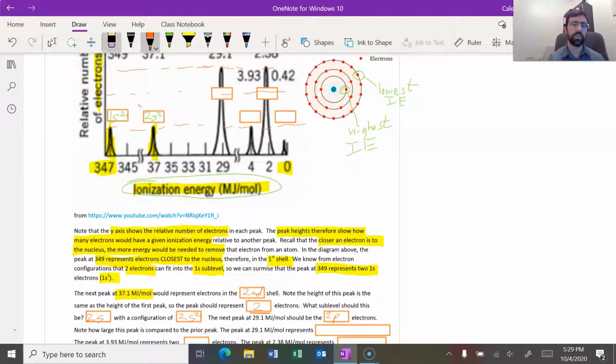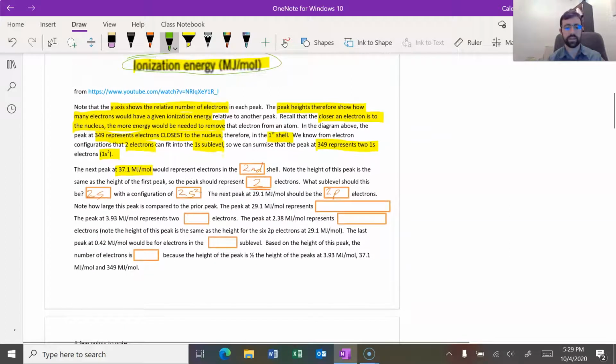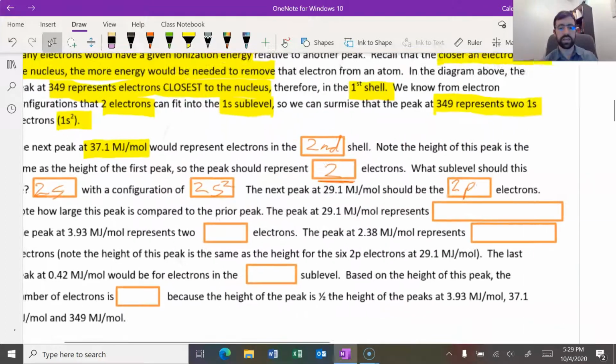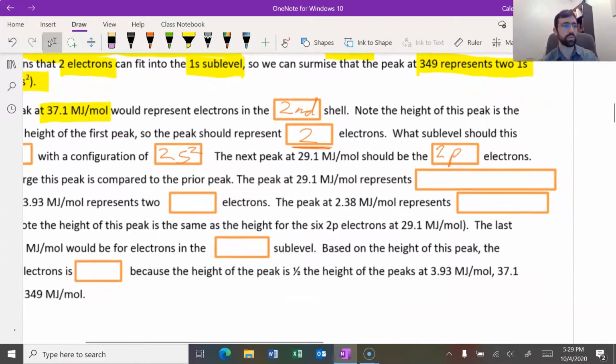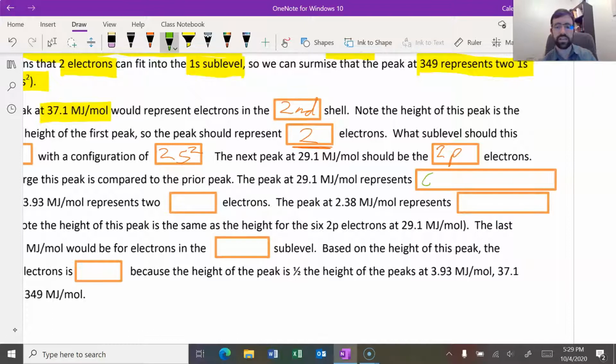So I can pretty well assume that this 2p is 3 times as big, so it'd be 2p6. So the peak at 29.1 megajoules per mole represents 6 electrons.